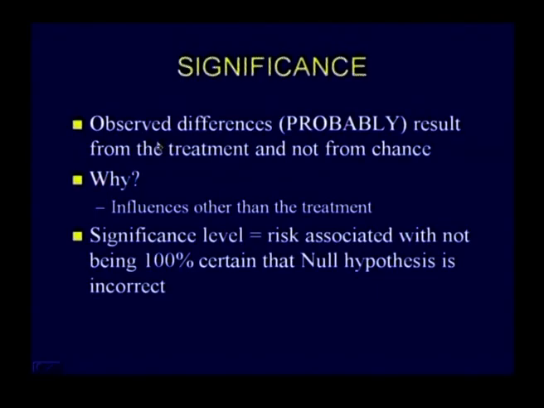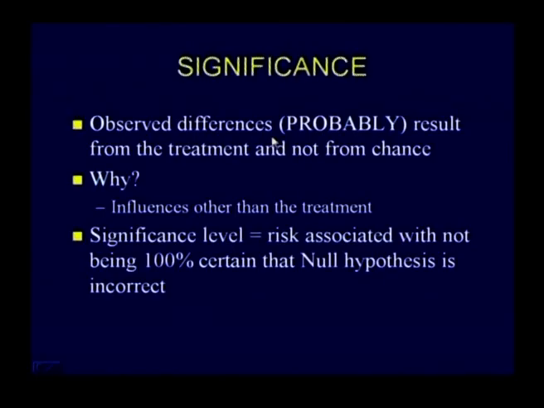Significance means the probability that your observed differences are from the treatment and not from chance. We need to find out the significance of your results because there could be influences of more than one treatment. You might be thinking that you are controlling your independent variable, but there might be impact of an intervening variable or moderator variable that you cannot control.